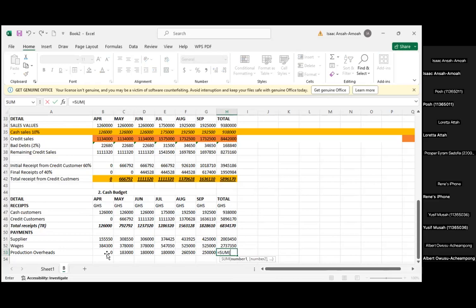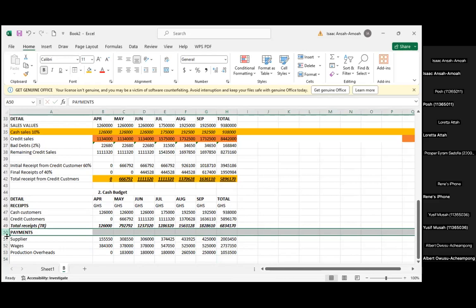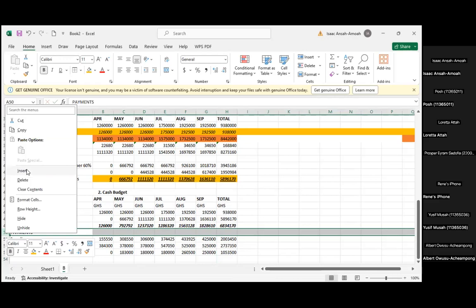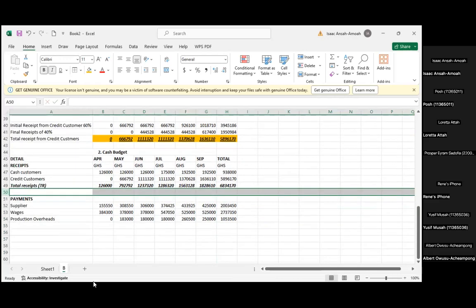So my total payments will be all the payments that I've done so far. If there has been any other payment other than just these 3, then you may have to bring it to the cash budget under the payment side, right? But as it stands now, the only payments that we've done per the question are just these 3.